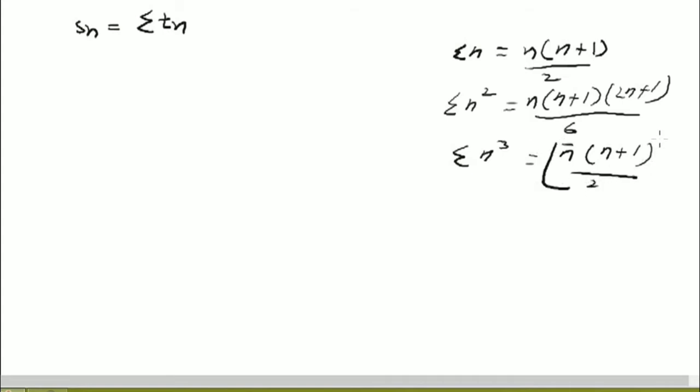If Tn is given as 2n minus 3, you can easily find Sn as summation of Tn. So summation of Tn can be written here as 2 outside, we can take summation n minus 3 summation. So 2 summation n is, we know it, n into n plus 1 by 2.